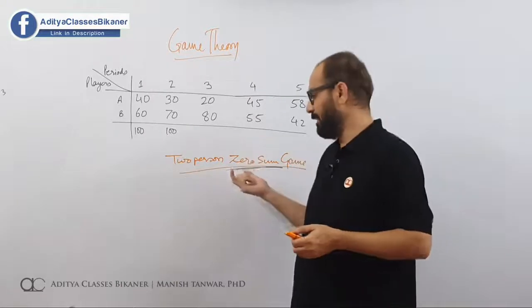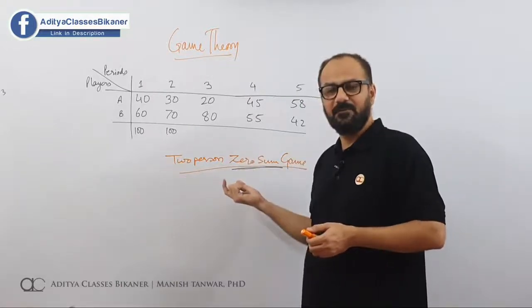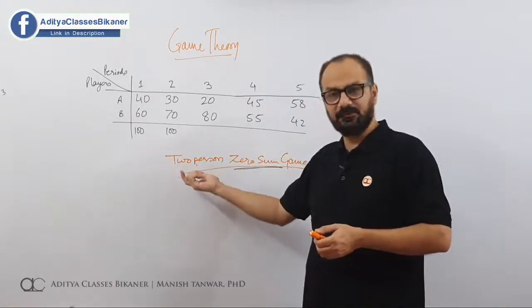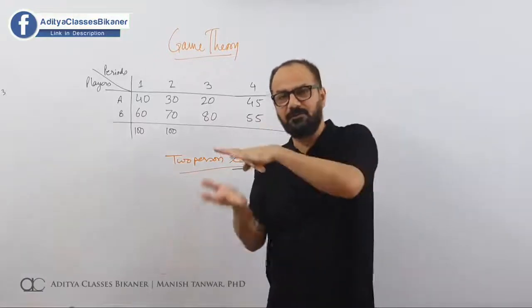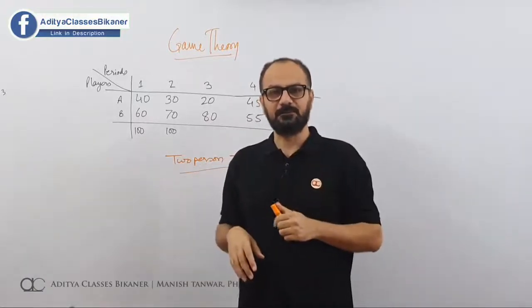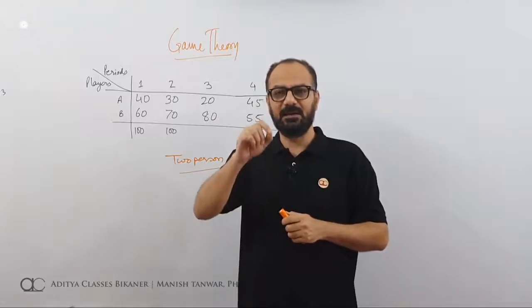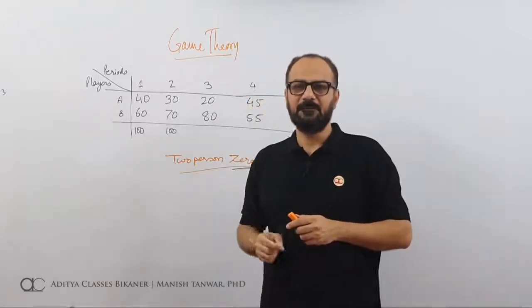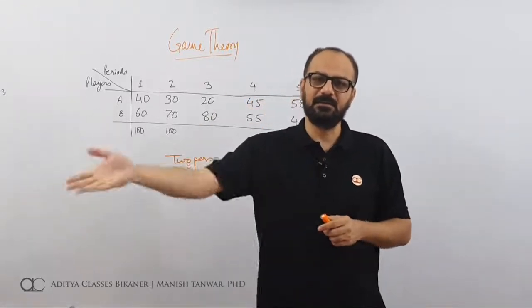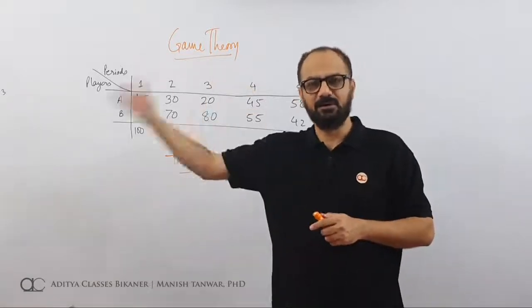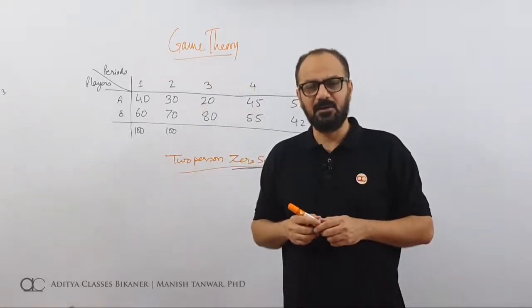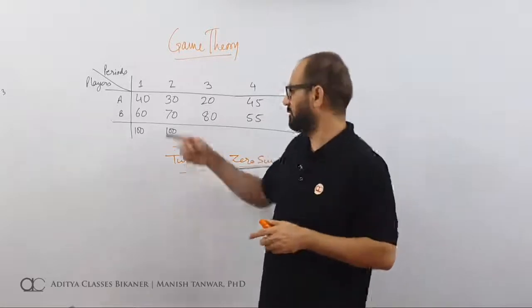And now, by making it zero-sum, I brought down even the information about these 2 players to 1 player. I only need to check information about 1 player. If I know information about 1 player, the other player is obvious. So I need not care about the other player. I'll only be thinking about 1 player.